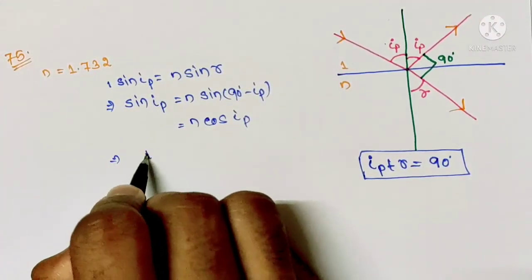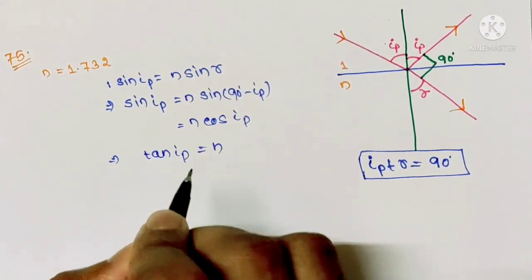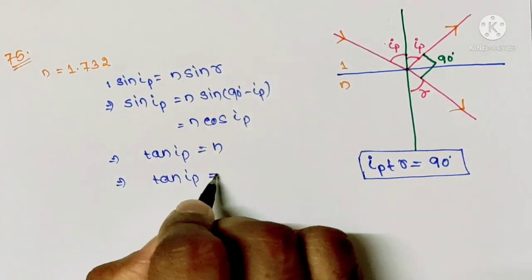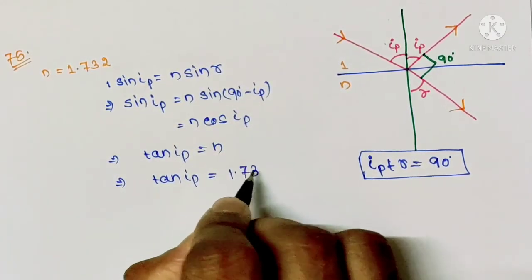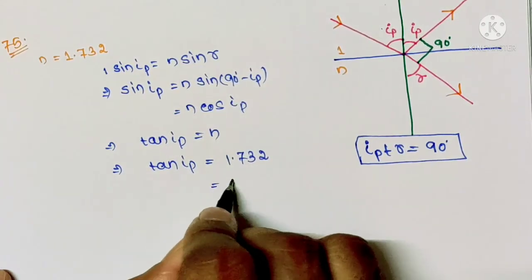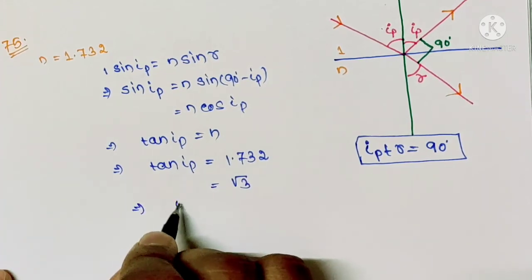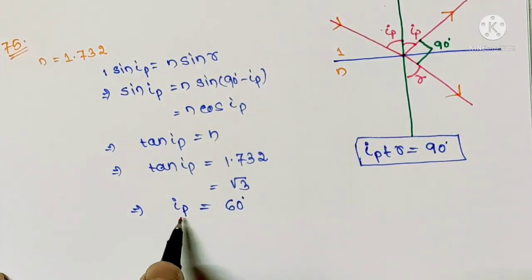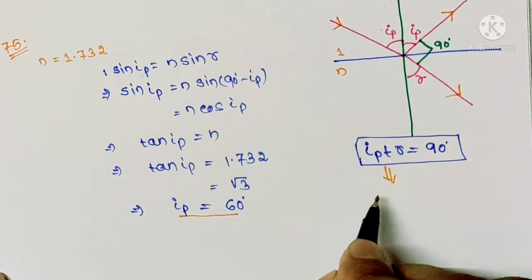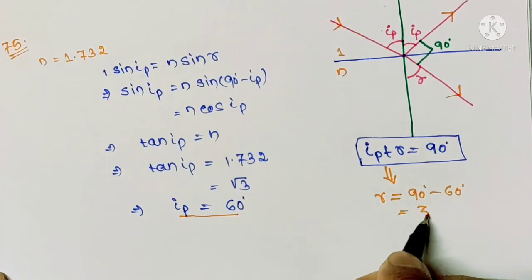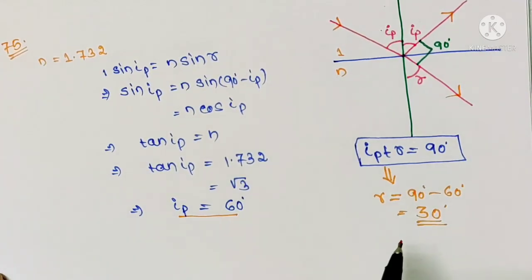So tan Ip equals n, which is given as 1.732, approximately root 3. So from here we can write the angle Ip equals 60 degree. If Ip is 60 degree, then from this relation, the angle of refraction r equals 90 minus 60, that is 30 degree. So your correct option is option 2.